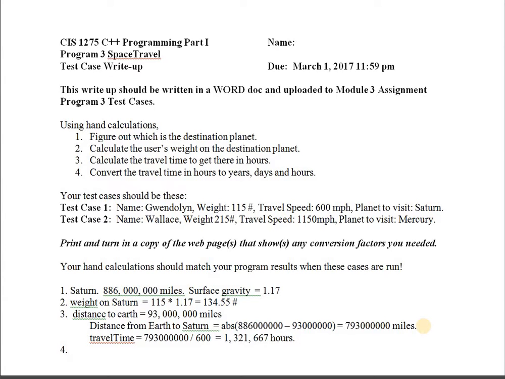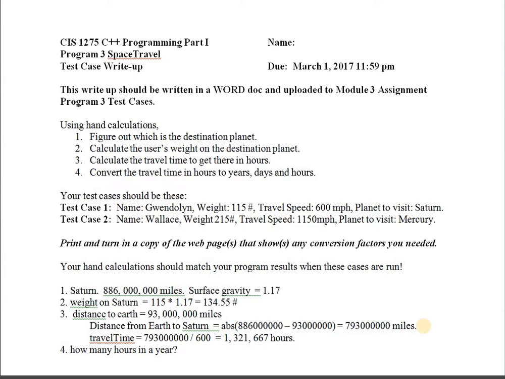Okay, step 4, we need to convert the travel time in hours to years, days, and hours. And in order to do that, we're going to have to figure out some conversion constants. So we need to know how many hours in a year.